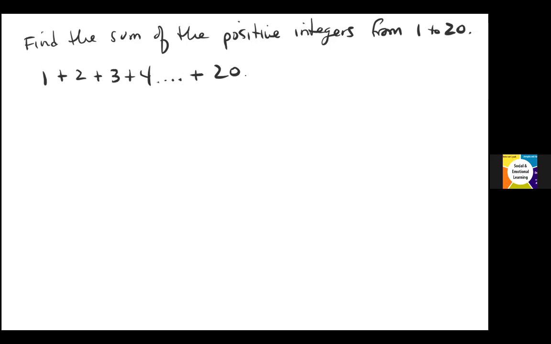You make the numbers all add up to 20, like 1 plus 19, 2 plus 18. Yeah, so which ones are we going to combine together? 1 and 19, 2 and 18, 3 and 17, 4 and 16, 5 and 15, 6 and 14, 7 and 13, 8 and 12, 9 and 11, and then just add 10.